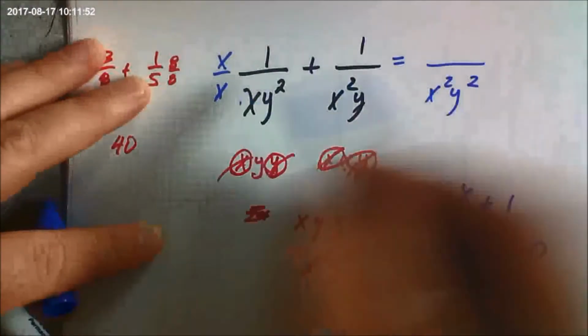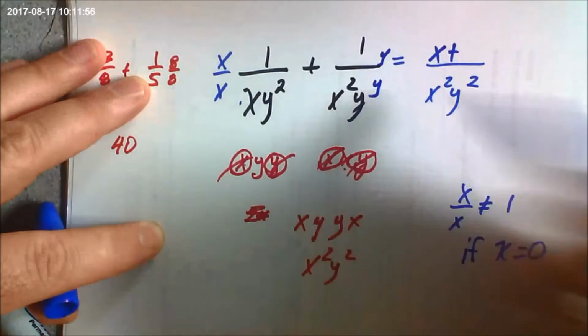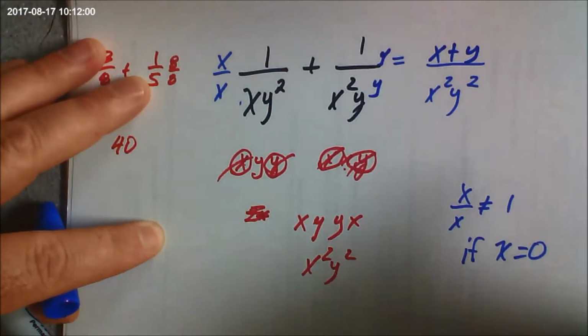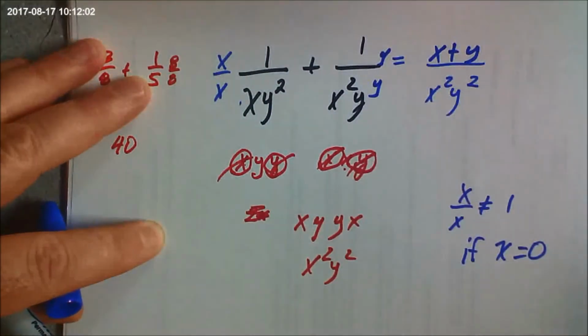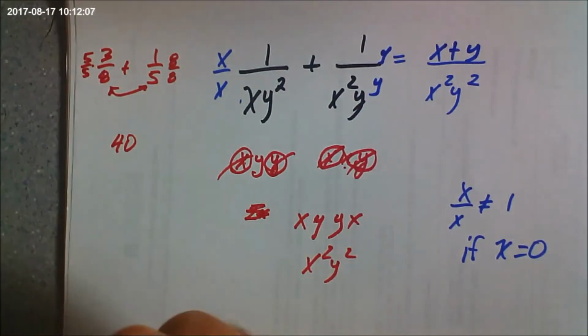So this one is x, yeah? And then plus this one, we have to multiply by y over y. Is that it? Are we done? Pierre, are we done? Can it be reduced? By what? By both? Really?